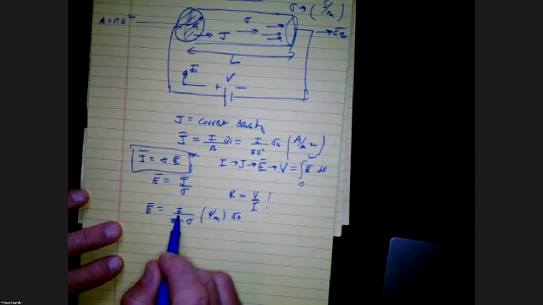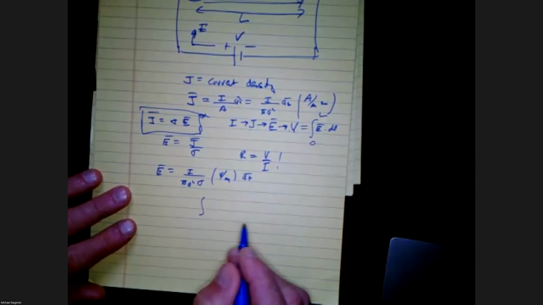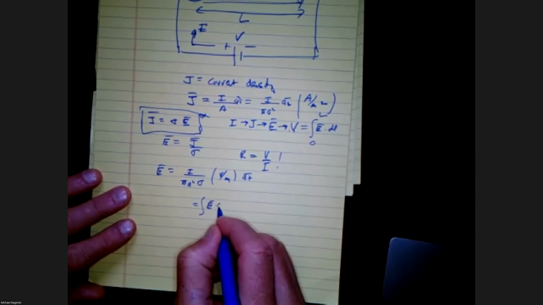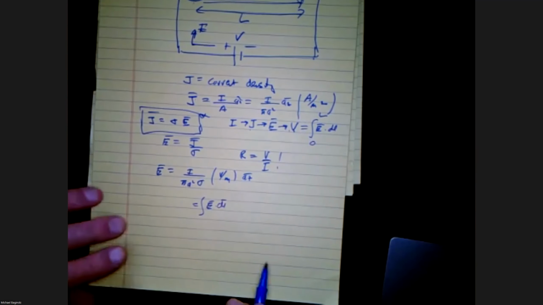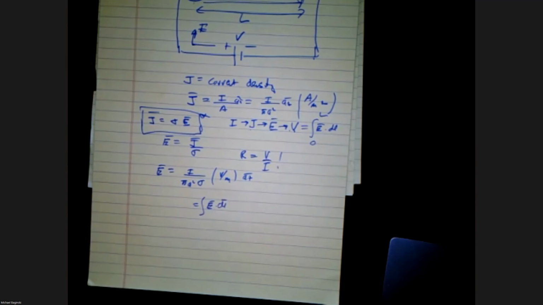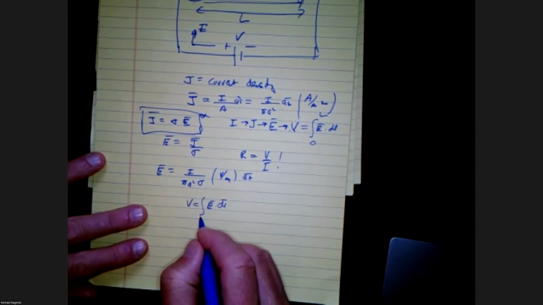So now that I have that, I have to integrate that. And this will always be positive. This is the nice thing about it. When I integrate E dot dl, you can forget about the sign, whether it's negative or positive, because resistance is always positive. This voltage is going to have a positive value. If it's negative, you make it positive.